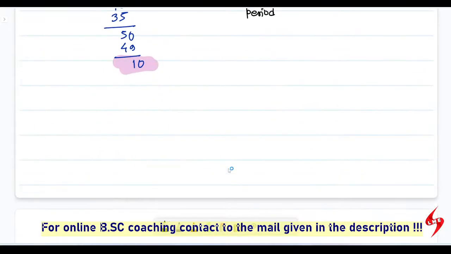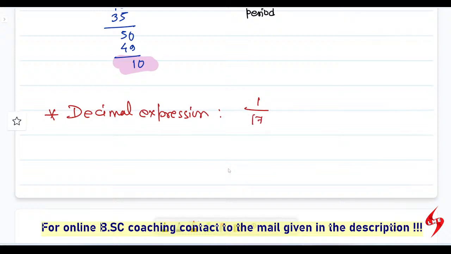Now this is your task: to find this decimal expression, and it is very important. That is 1/7. Remember, in this sum the length of the period will be 16.